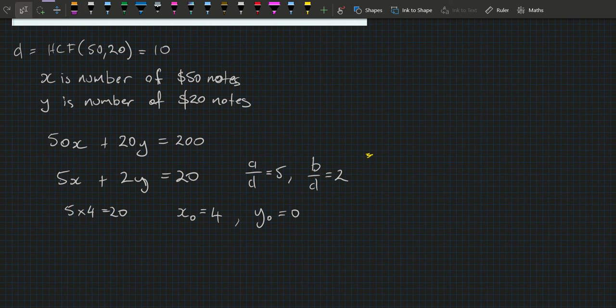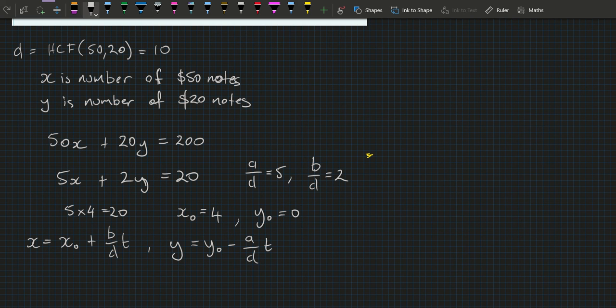So using the laws of the Diophantine equations, x will equal x naught plus b on d, so the b goes to the x, my mistake, times t, and y will equal y naught minus a on d times t.